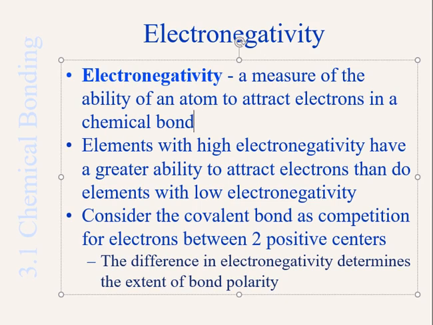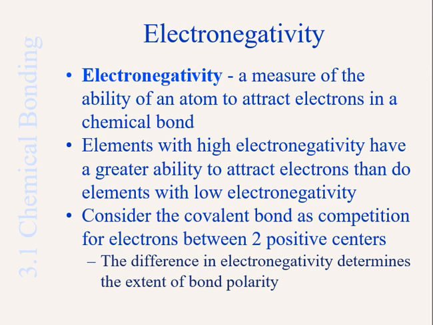This is different from electron affinity, which is just love for electrons and how much energy is released when electrons are gained by an atom with high electron affinity. Electronegativity specifically has to do with shared electrons and how much they are loved by each atom that is sharing those electrons. Electronegativity values allow us to figure out the extent of bond polarity between two atoms.